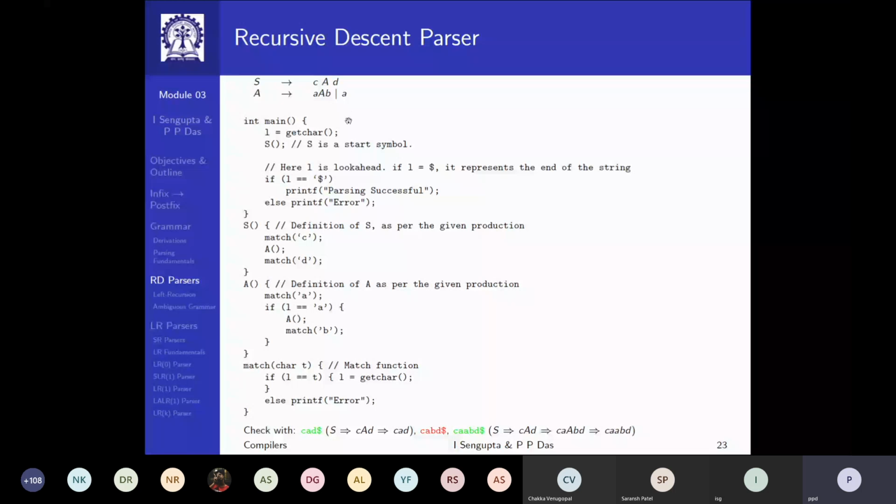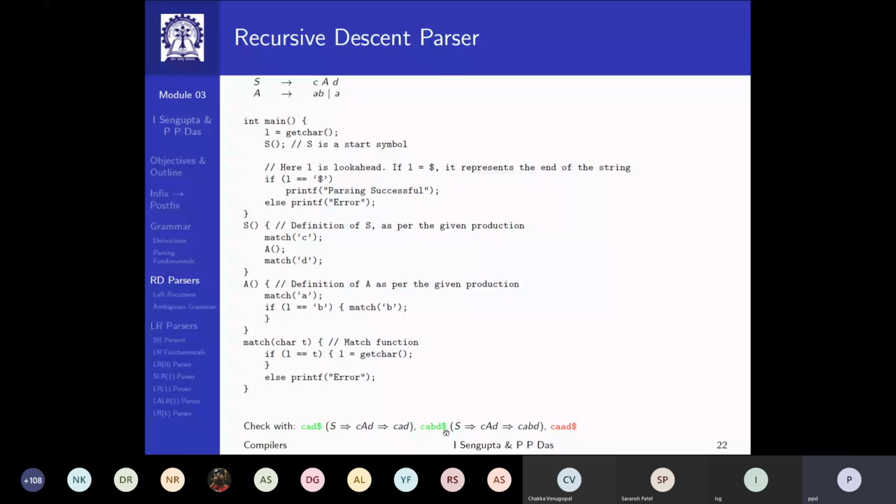Now CABD was acceptable in the earlier grammar.